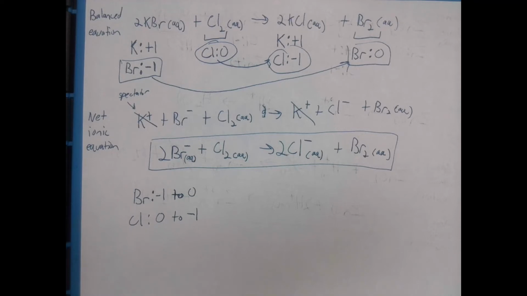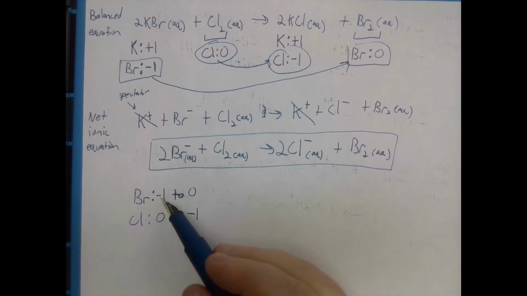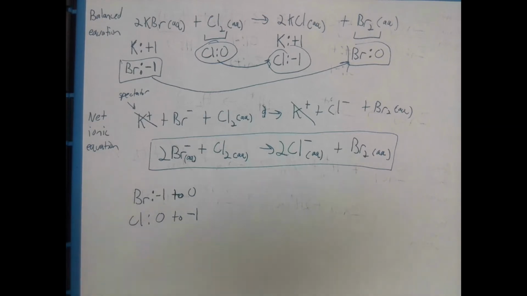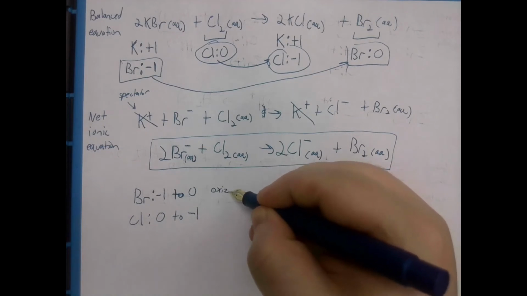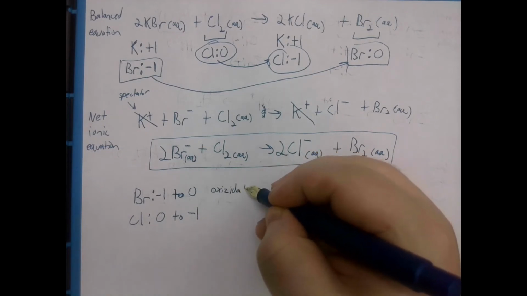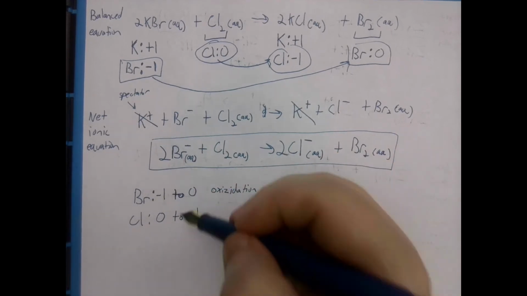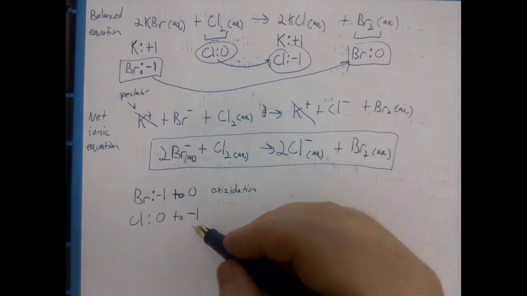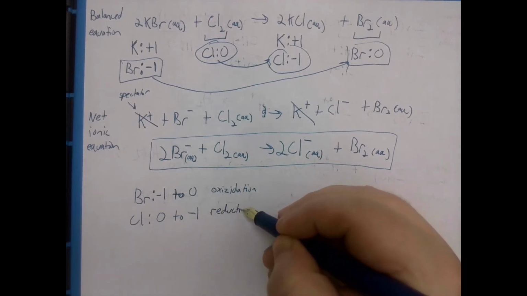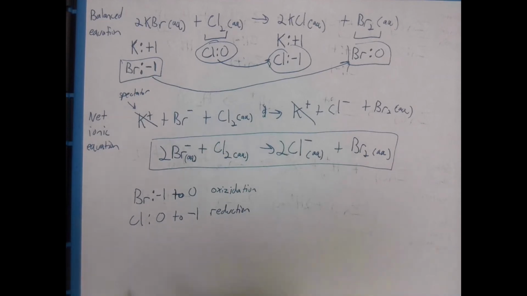Reduction means you're gaining an electron. When you gain an electron, you become more negative. So bromine is being oxidized. Another way of thinking about it is the oxidation number is increasing. And chlorine would thus be reduction. You're reducing the number, or you are gaining electrons.